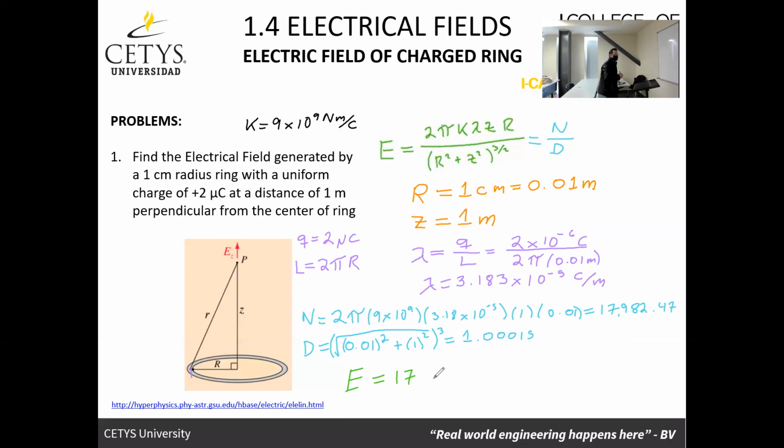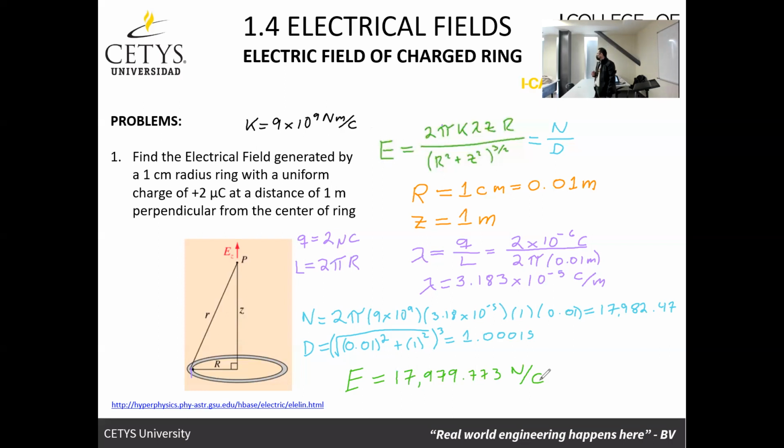I'm going to leave it at 3 newtons divided by Coulomb. So that's 17,900, close to 18,000 newtons per Coulomb electrical field.